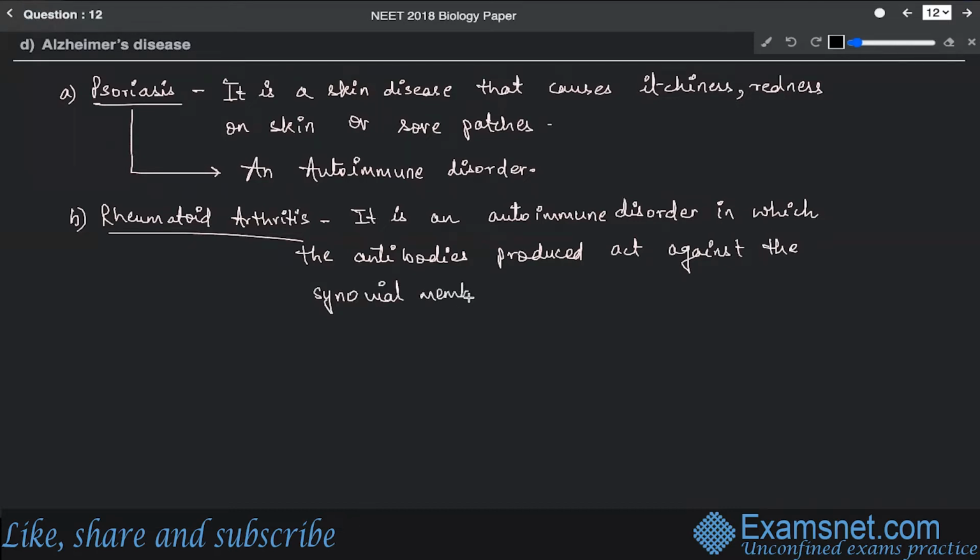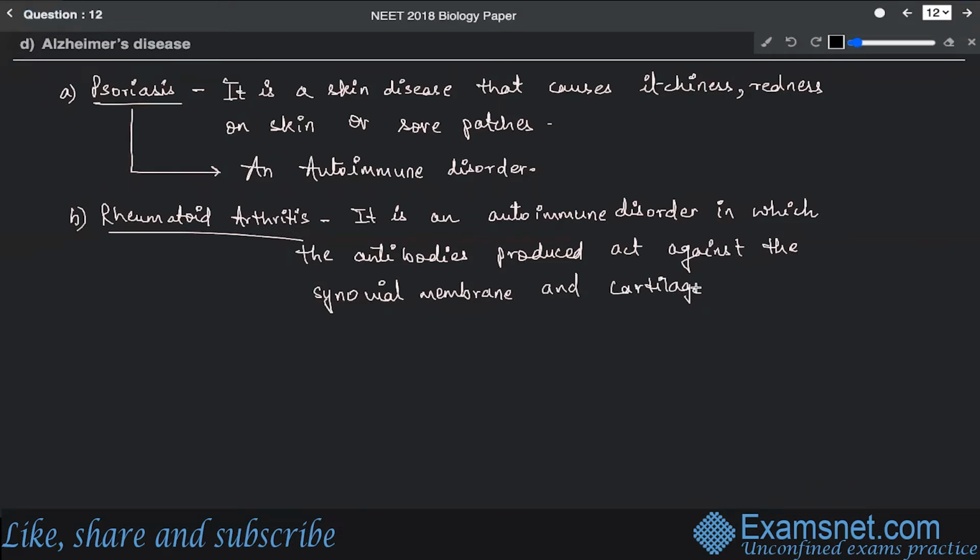So they basically act against the synovial membrane and the cartilage. That means it is actually defecting the body. These antibodies are actually acting against the body itself. So definitely this is an autoimmune disorder.